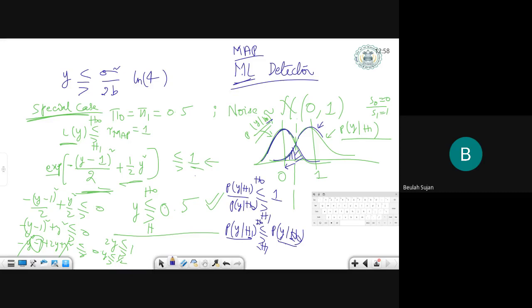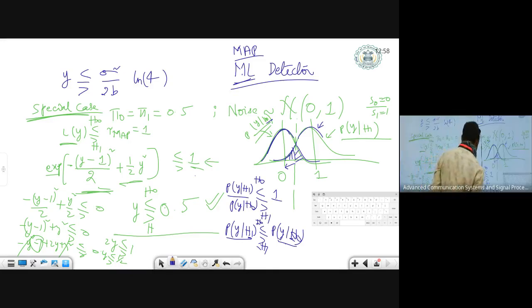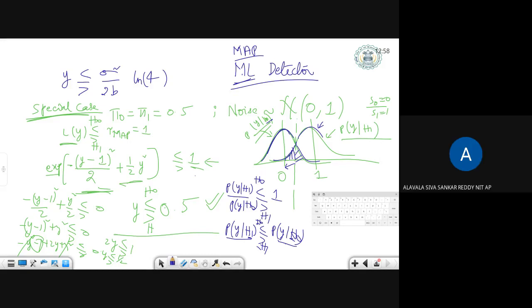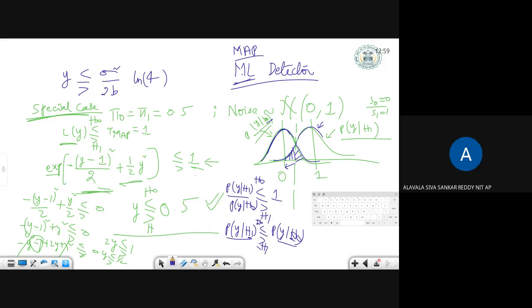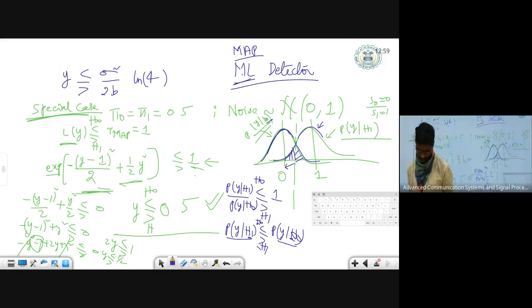Okay, Shiva. There is no restriction to choose only the Gaussian distribution here. If you look in a textbook, if you want, I can give another problem as an assignment which uses the binomial distribution. Okay. Any other question?